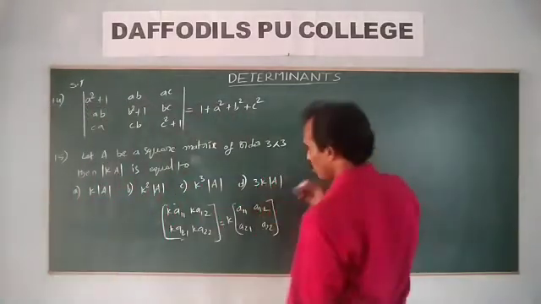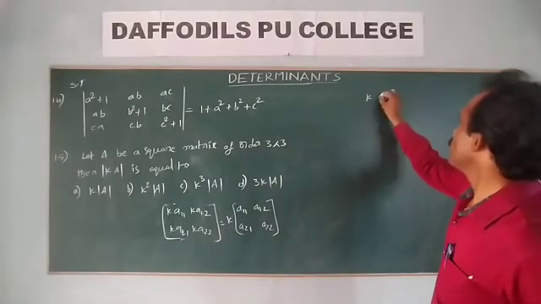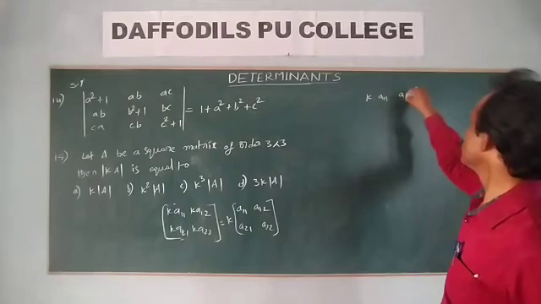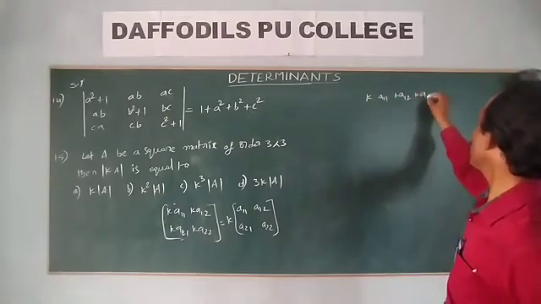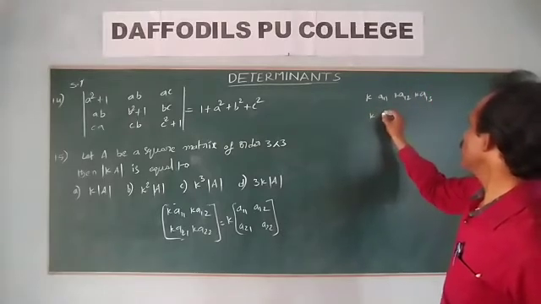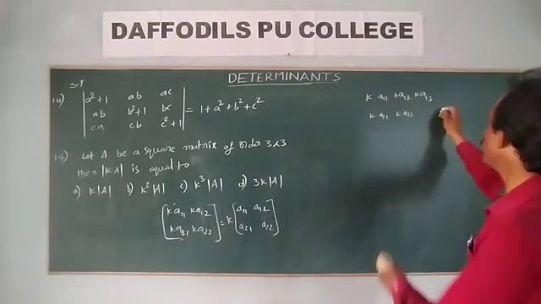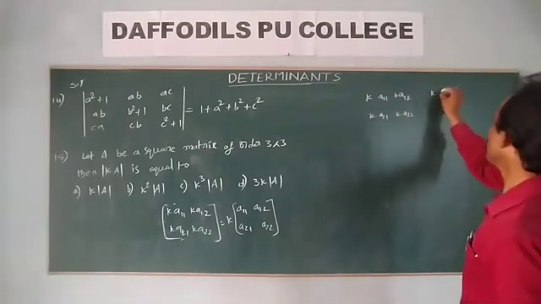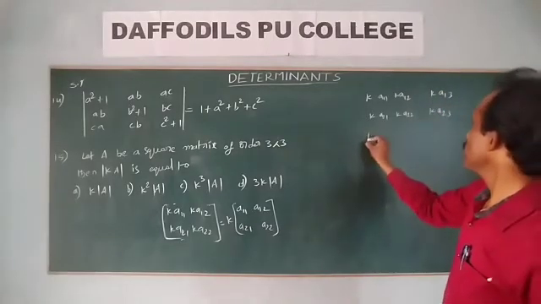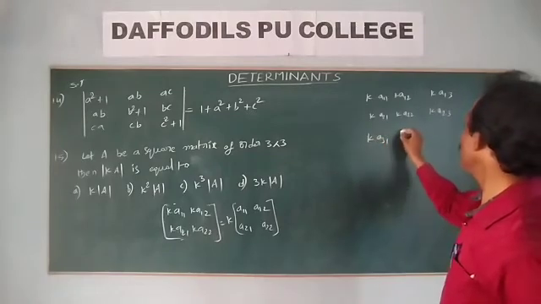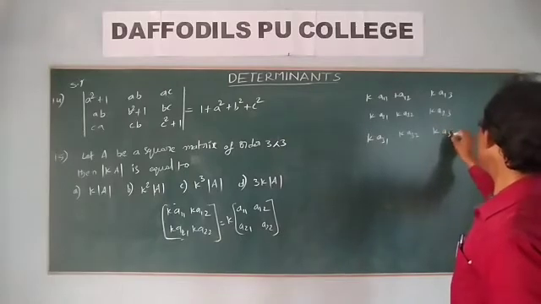For example, we take the matrix with entries k of A11, k of A12, k of A13, k of A21, k of A22, k of A23, k of A31, k of A32, k of A33.